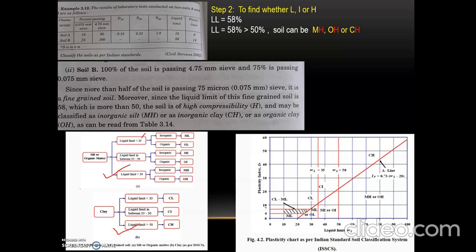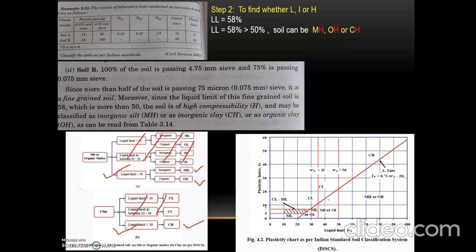So we will have to rule out the possibility of soil falling in these categories. Even for clay, we will rule out these possibilities. So now the soil can be either MH or OH, and whether it can be CH has to be checked. For that, we will go to the next step.